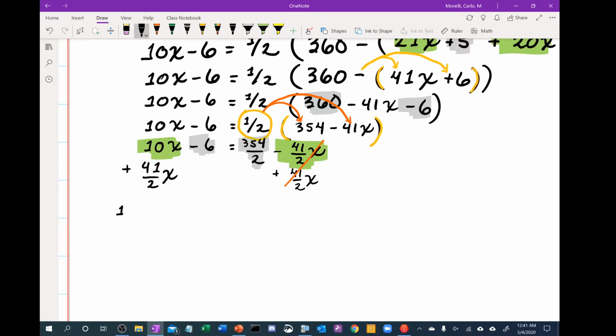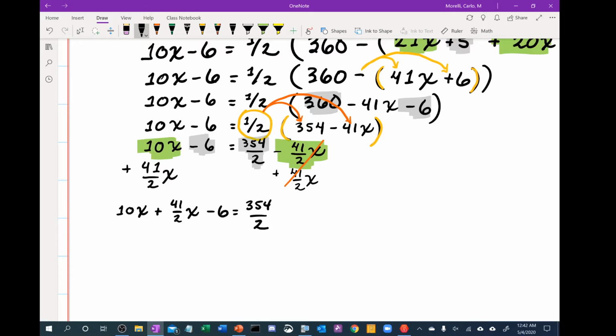We have 10x plus 41 over 2x. We're going to have to combine those together. And then we have that minus 6 sitting out there all by itself equals whatever 354 divided by 2 is. Now, my recommendation is you can do all this by hand, and I guess we will do it all by hand.